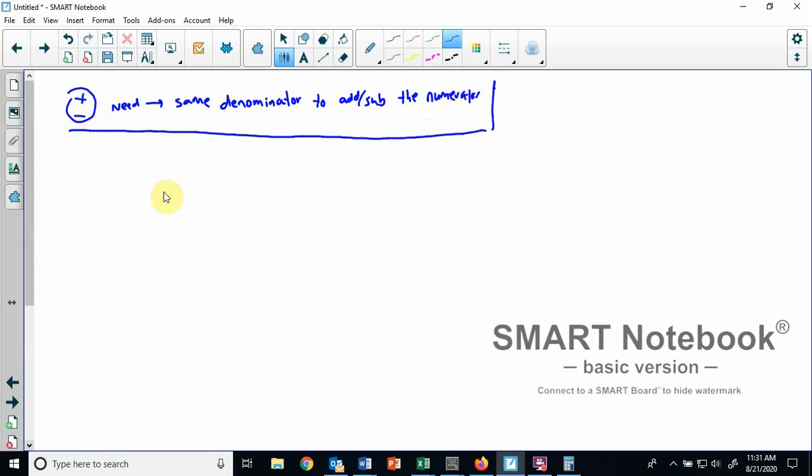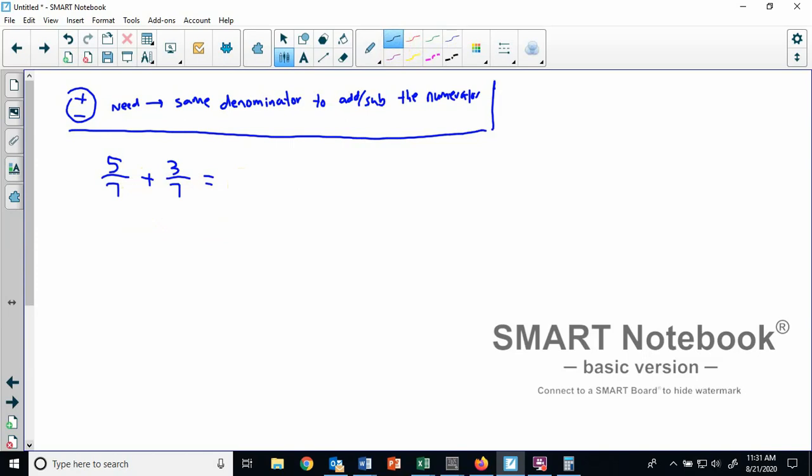To add and subtract fractions, let's just start really simple. Let's start with ones that already have the same denominator. So 5 over 7 plus 3 over 7. And I actually don't have to teach subtraction because that's the same thing as adding. They have the same denominators.